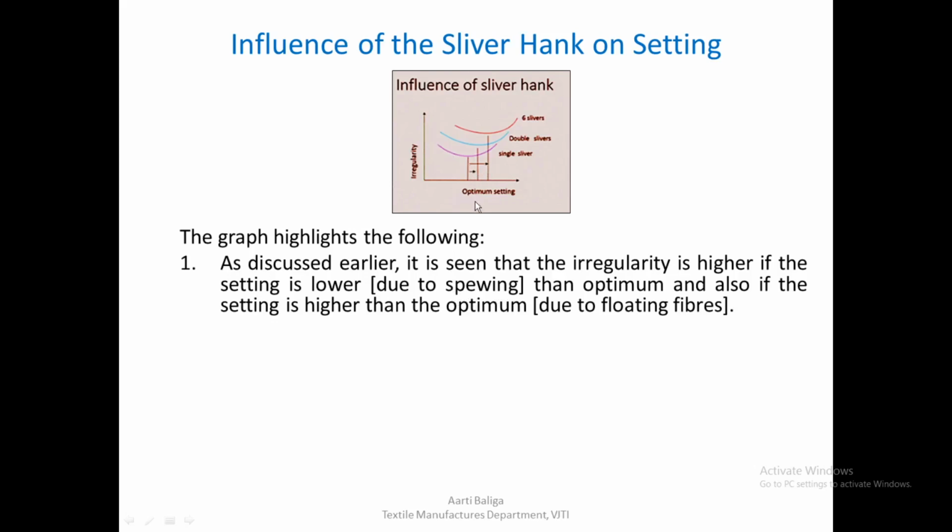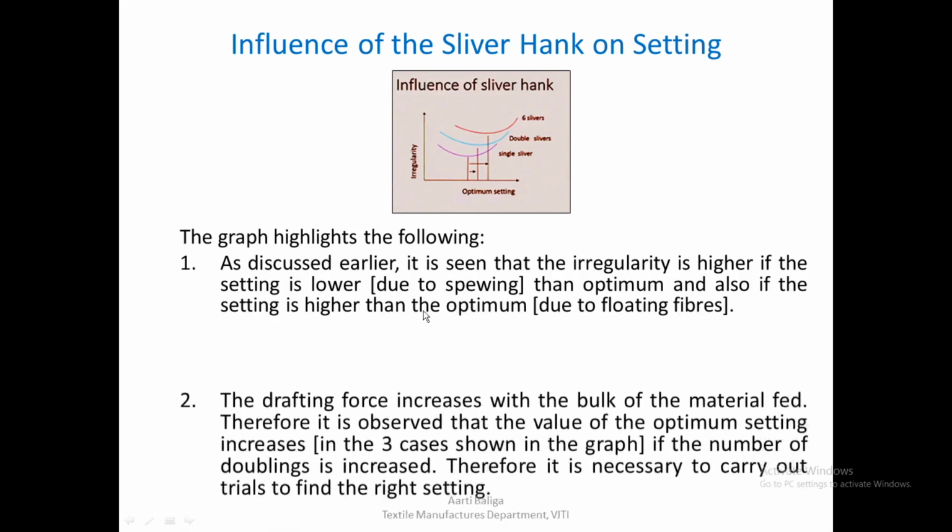So optimum setting is required, and this happens because it is being pulled by the front roller pin. And also if it is set higher, which is this part of the graph, then the irregularity increases, and this happens because of the floating fibers. We have already discussed this in depth in our earlier lectures.